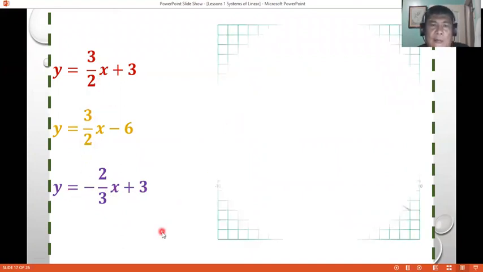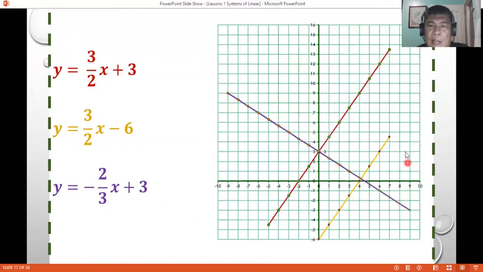Tingnan natin. Ayan siya. Yung violet, ito siya. Yung orange at saka yung red, parallel sila. So, which means ito 90 degrees. 90 degrees yan. Ito 90 degrees din. Okay?